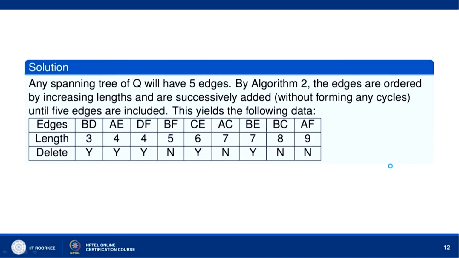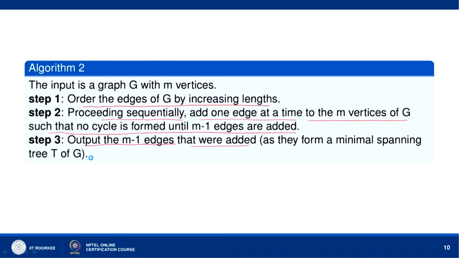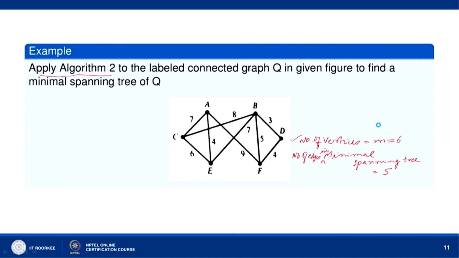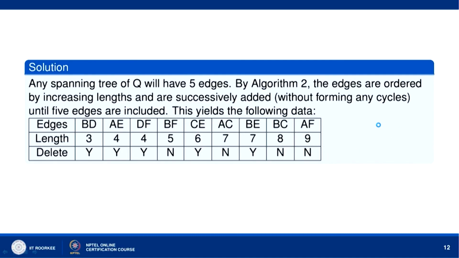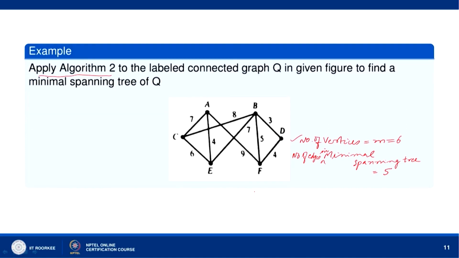So, we have arranged them in increasing order. Now, what will we do? Proceeding, we add one edge at a time to the m vertices of G, such that no cycle is formed until m minus 1 edges are added. So, BD. Let us see where B is. You see we have B here, and we have D here.